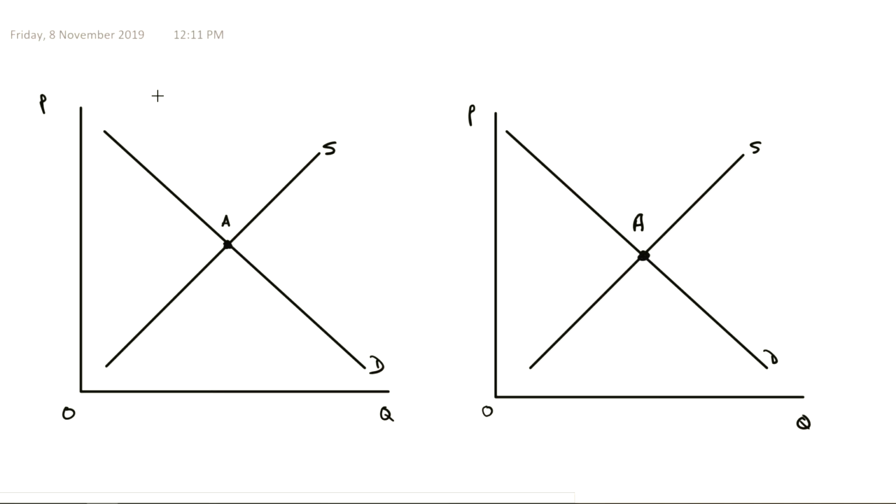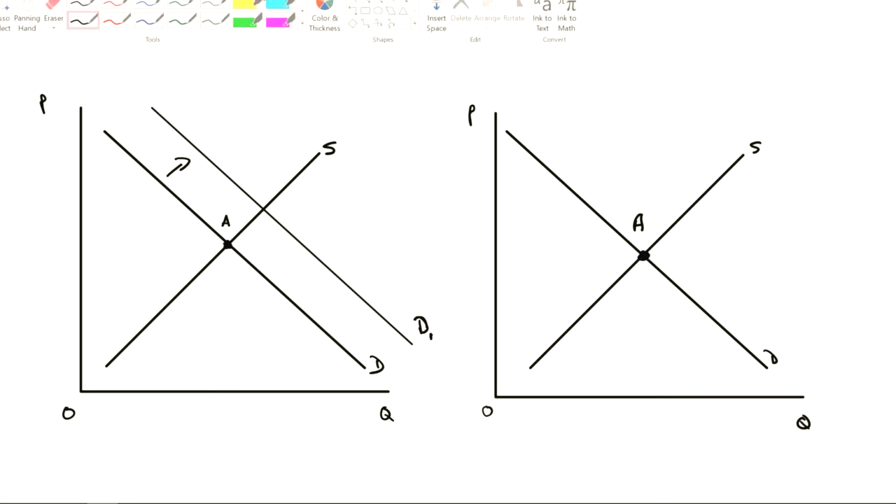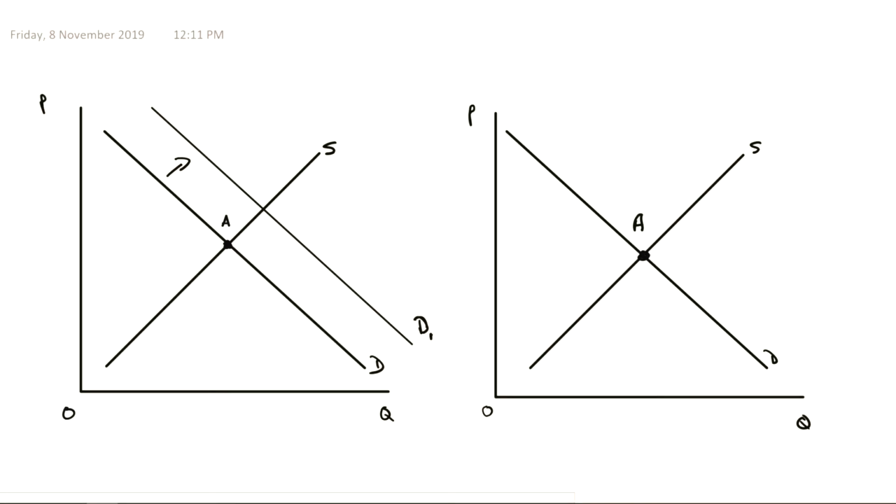So let's use an example to try and understand this. Let's say that I've got an increase in demand. So if I've got an increase in demand, there's going to be a larger quantity demanded at all prices. So the whole demand curve will get up and move to the right. That will be an increase in demand.